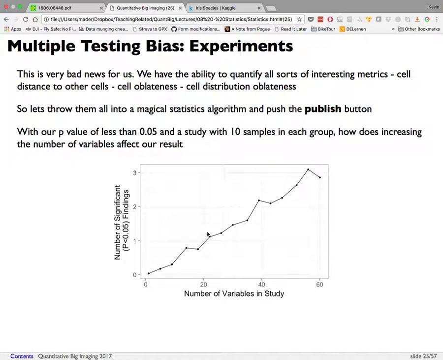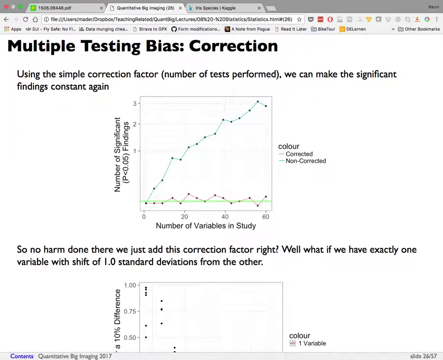And so we have this requirement that when you start to look at more and more variables, you need to correct for the fact that you're doing these multiple tests. And the way you correct for this is by dragging this line down, which is dividing by the number of different tests you've done. This Bonferroni correction is a very, very simple one.